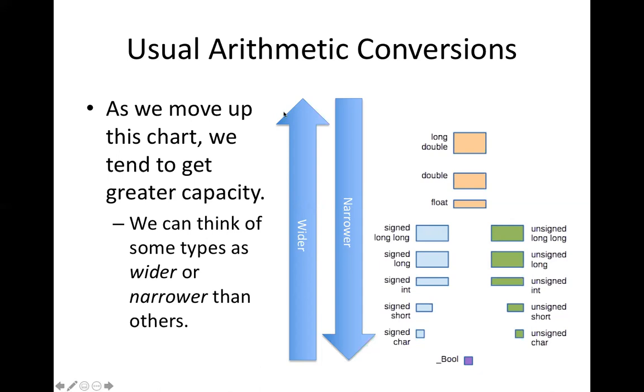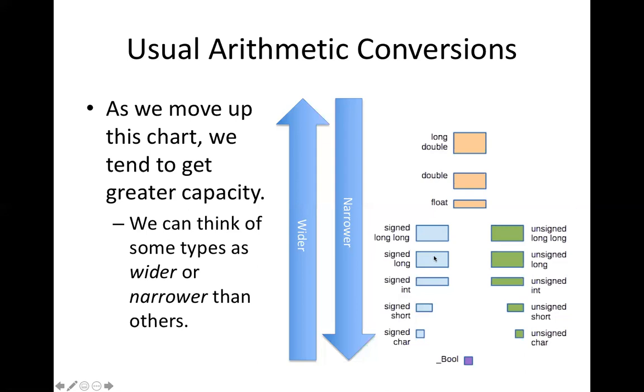In principle, the floating point types have the biggest capacity. Well, honestly, a float can't actually store as many values as a signed long. Signed long takes more memory, but the float is made to hold a big range of values. So we treat it as if it has more capacity, even if, like I show in my picture, it doesn't even use as much memory as some of these narrower types.